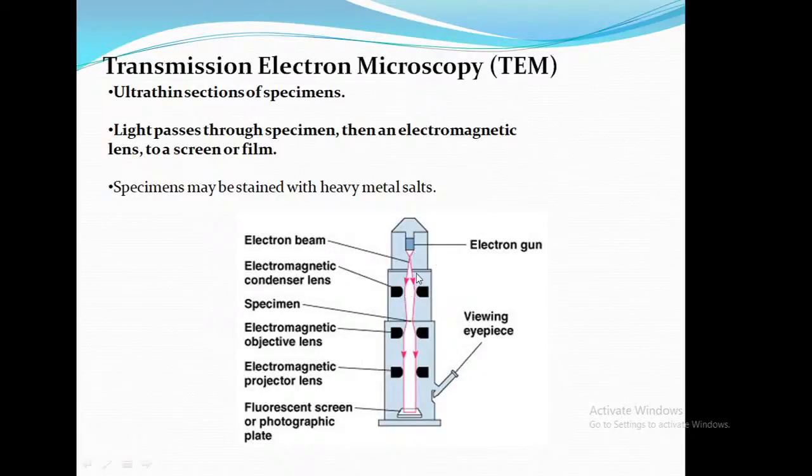After passing the condenser lens, the beam enters the specimen. After passing through the specimen, it goes through the electromagnetic objective lens and projector lens, and then the image is formed on the fluorescence screen or a photograph is taken, and here we are seeing those images.